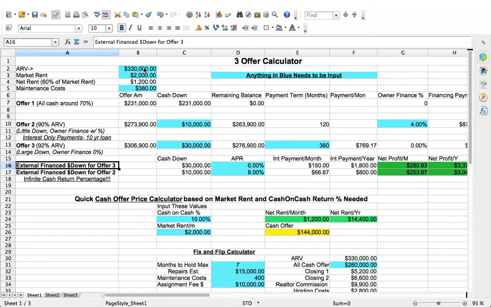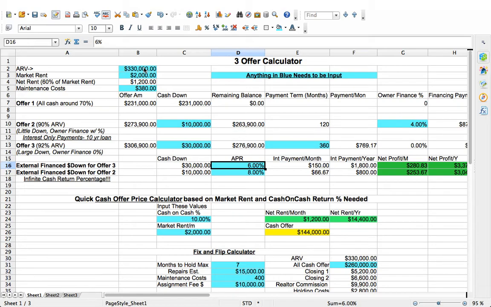So here, the external finance money down for the different offers. So this is where you get into where I said here, the infinite cash return percentage. So this is for offer 3. I kind of put them backwards here, 3 and 2. Cash down for offer 3. I set an annual percentage rate to, say, a personal lender.